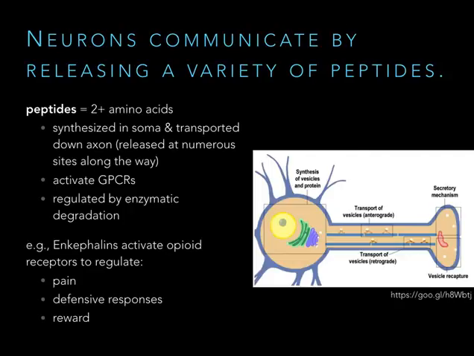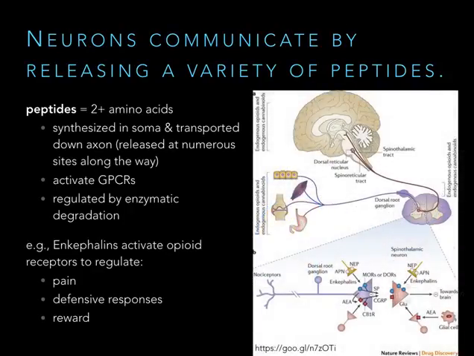A great example of this would be enkephalins, which bind to opioid receptors and regulate our sensation of pain. We're going to have opioid receptors on the nociceptors that pick up noxious stimuli like tissue damage or intense heat. There will be opioid receptors on the nerve cells that then transduce that signal from the spinal cord into the central nervous system.